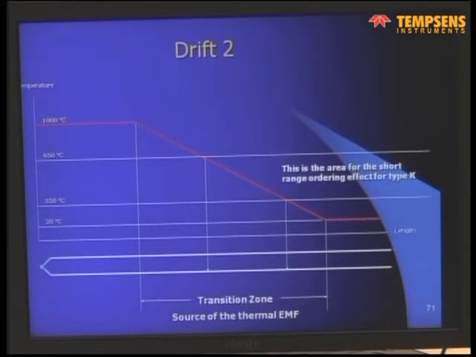So basically a calibrated thermocouple, when you calibrate it at the vendor, is basically useless for you, because when you calibrate it, you automatically alter the sensor. And the profile in your calibration furnace is definitely different from the profile in your process.